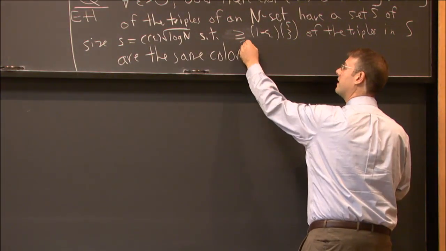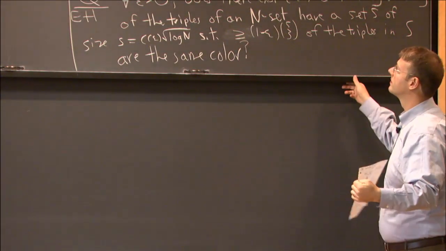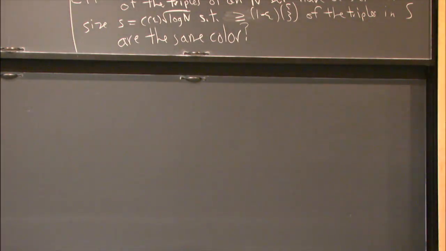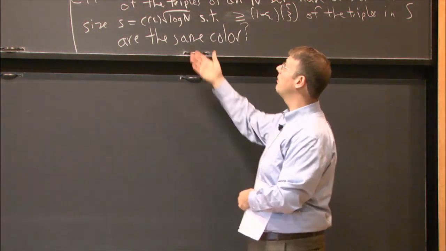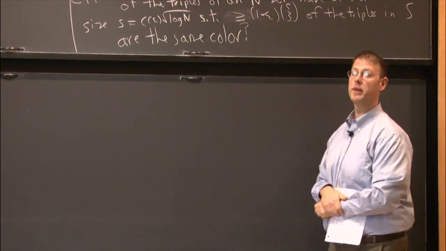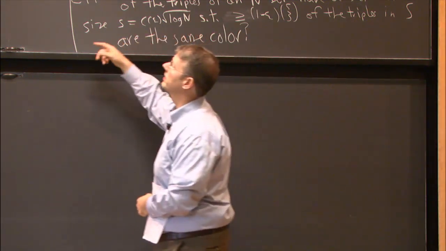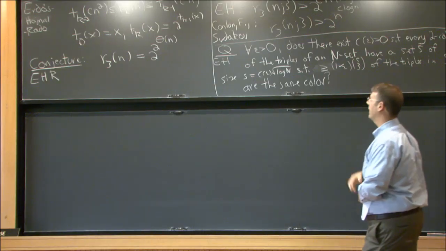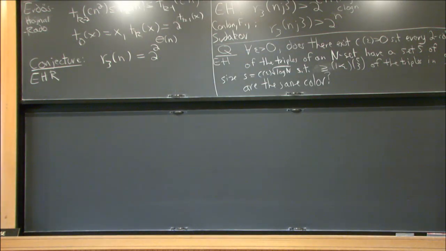It's a question of Erdős and Hajnal. You'd like to know, can you find an unusually large, almost monochromatic set? Root log n is the inverse of the 2 to the cn squared bound that we had. Can you find this large set that's almost monochromatic?